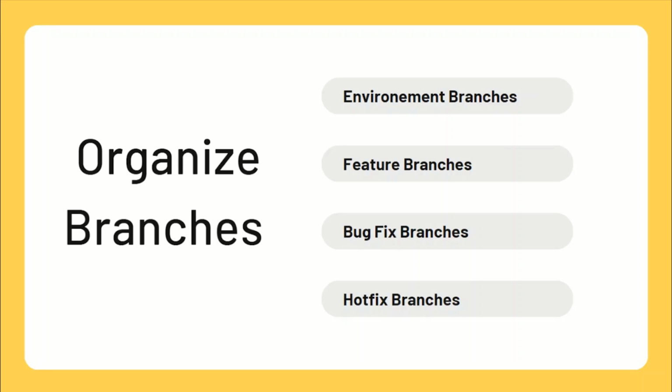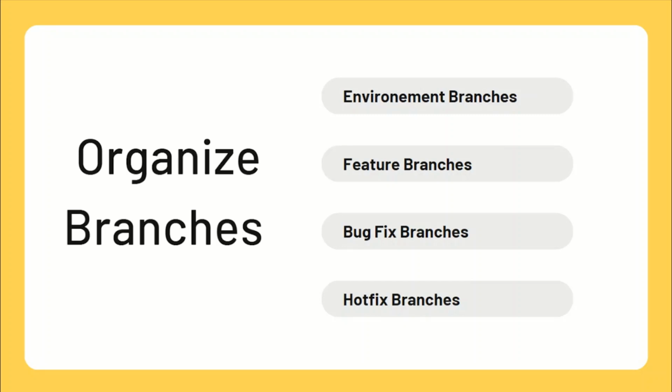So the developer can do the development on the develop branch. After development is successfully done, we can merge the develop branch to the QA branch, and QA will test everything on the QA environment. If QA gives the sign off, meaning it's successfully tested, then we can move this code to the production or release branch, by merging the QA branch to the production branch.